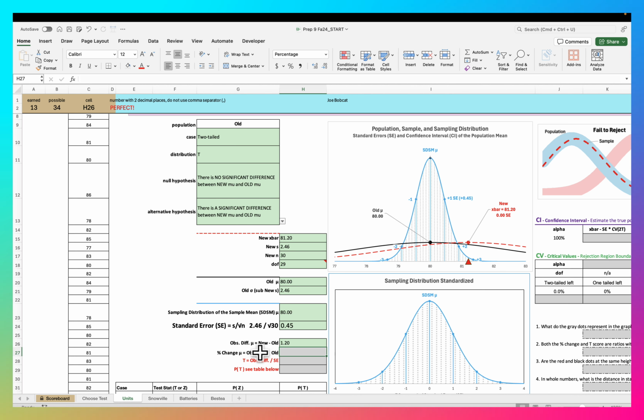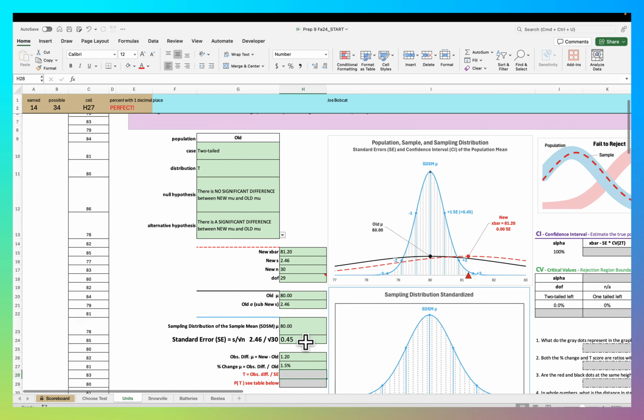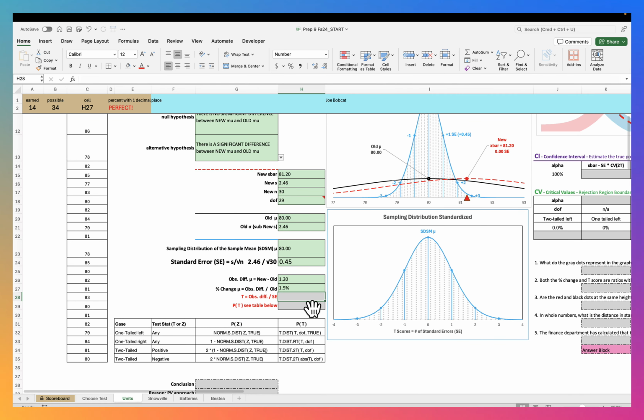And then the percent change in means is going to be equal to this observed difference divided by the old. So it's a 1.5% change. Doesn't seem like a lot of change, but who knows, maybe the units are expensive to produce.